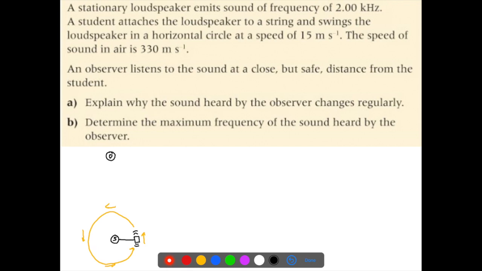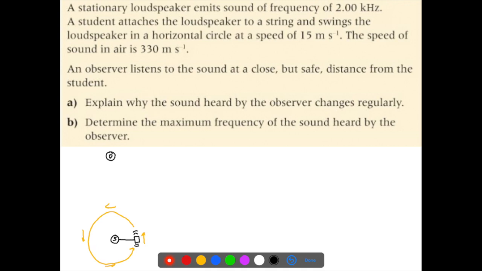We got the observer. So the question is, explain why the sound heard by the observer changes regularly. All right, this part is fairly straightforward.